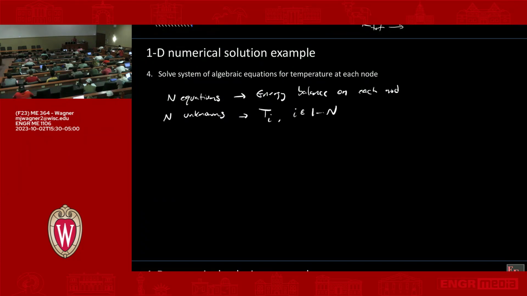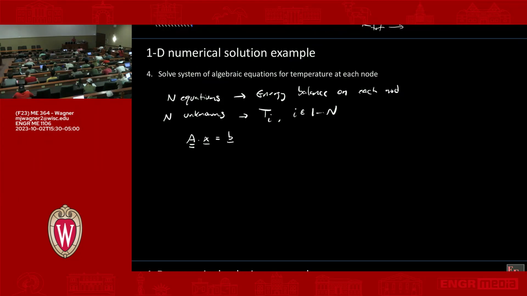So what you end up with is basically a big linear algebra problem. These are algebraic equations. So you have this matrix A, a 2D matrix, times some vector x. Actually, for our problem, that's T, but just in general notation. And that's equal to some vector b.